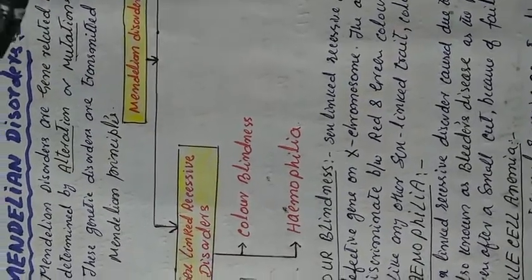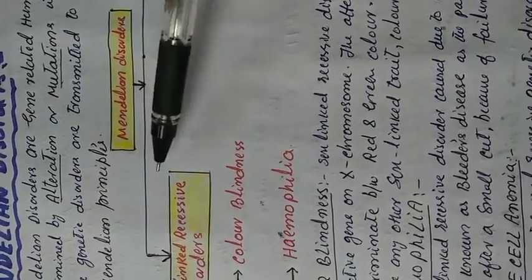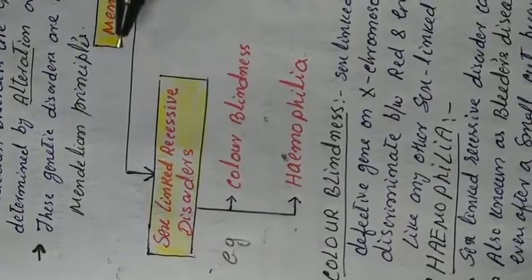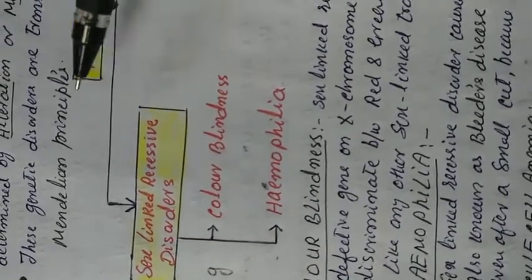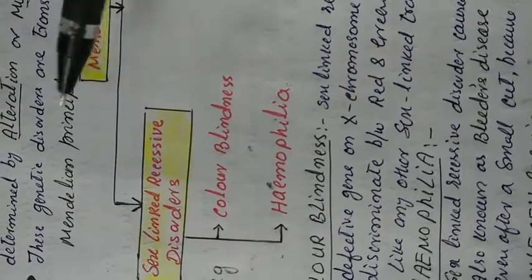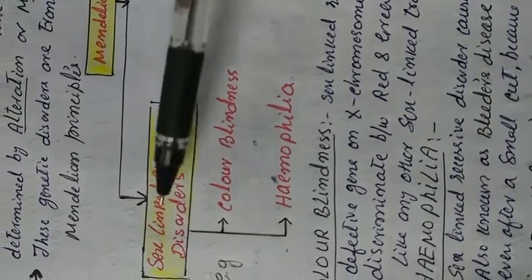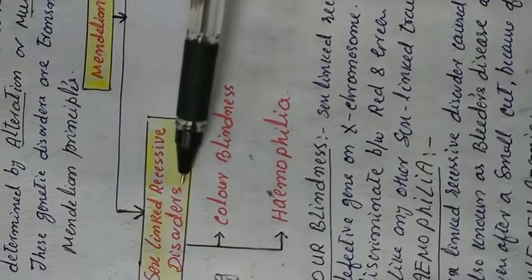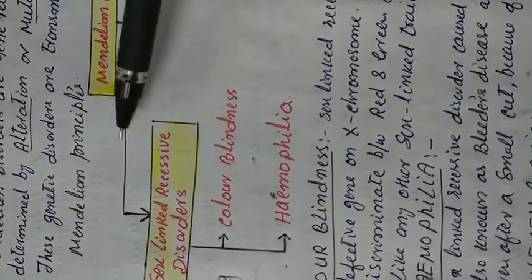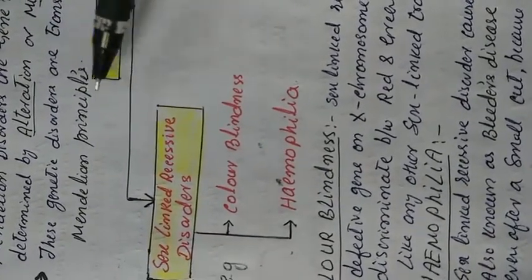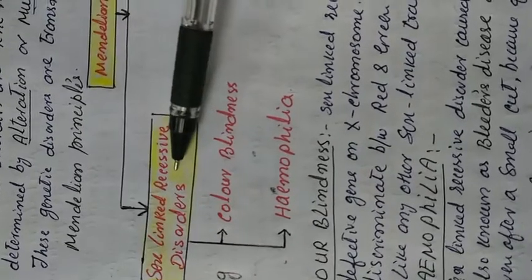Now, these Mendelian disorders are broadly divided into two groups. The first is those Mendelian disorders which are called sex-linked recessive disorders and whose genes are present on the sex chromosomes.